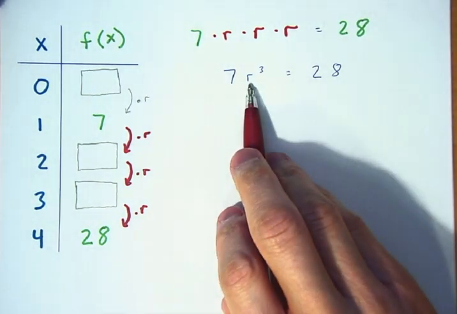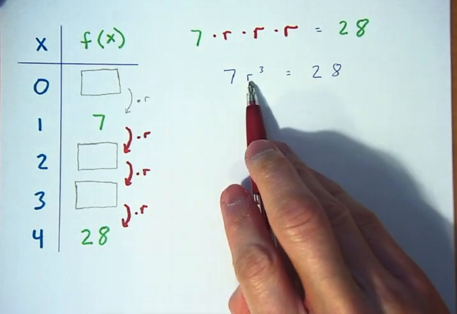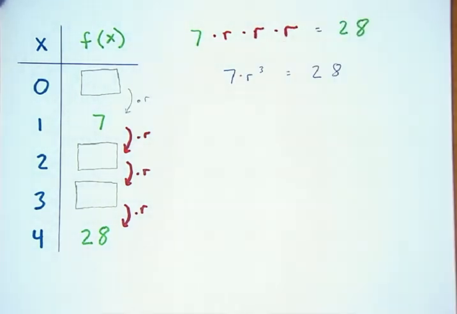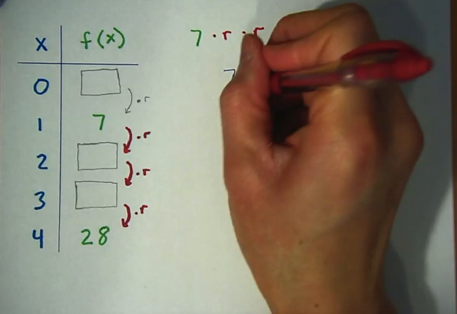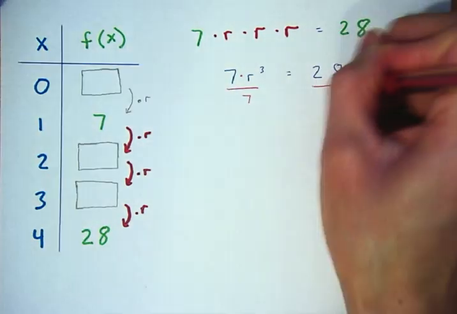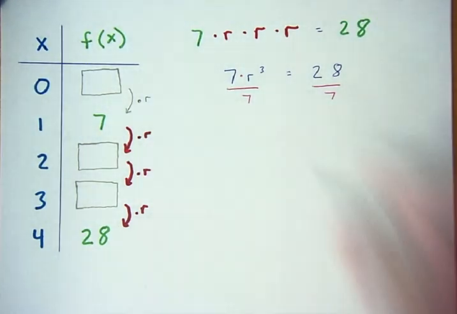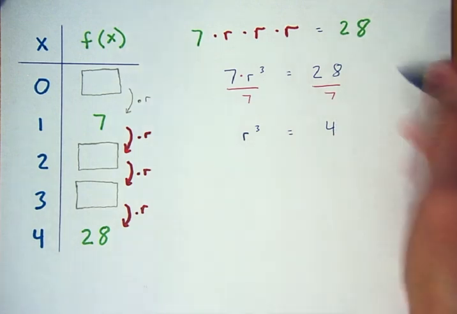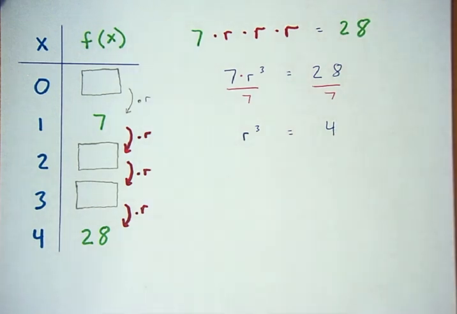Let's solve for r, since this is r to the third power multiply 7. To get rid of that multiply 7, I'm going to divide by 7, divide by 7. R to the third power equals 4. 28 divided by 7 is 4.